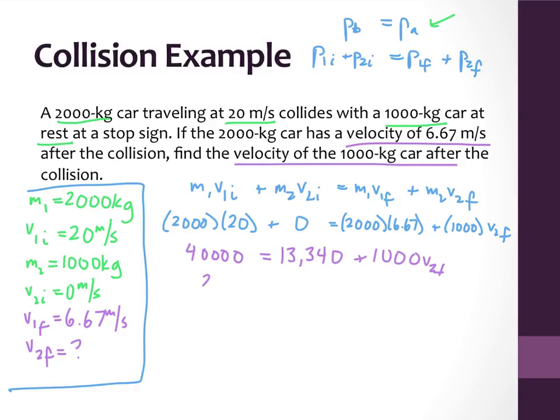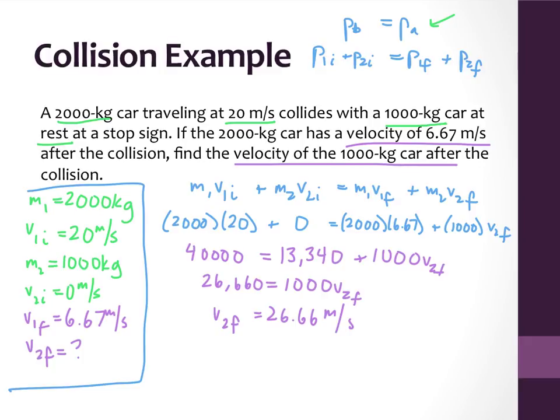Then you get this. Divide 1,000 on both sides and you get v2f is equal to 26.66 meters per second. Alright, there we go. That's how fast the second car is moving.